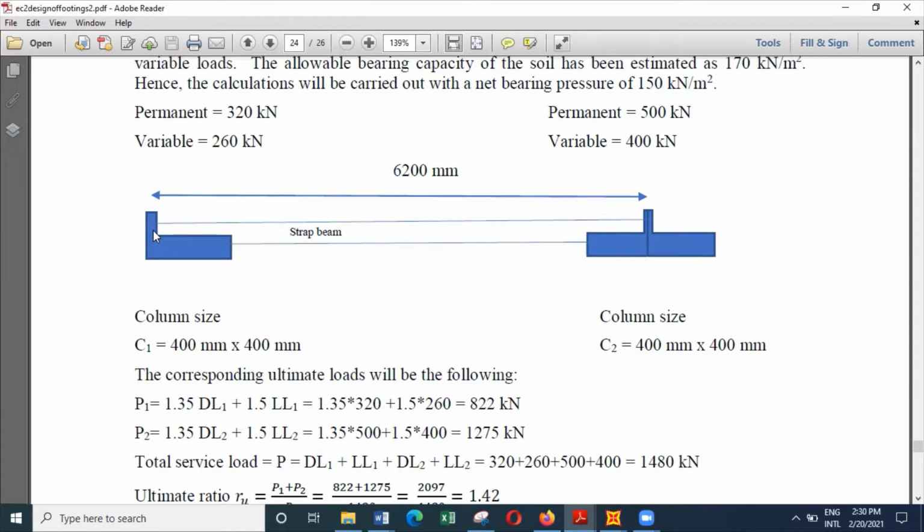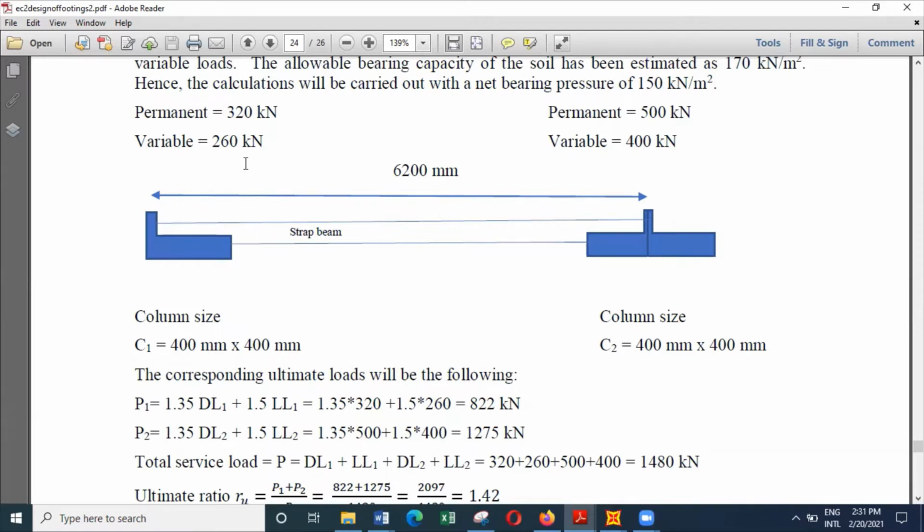But we have not arbitrarily selected these values. We looked at the bearing pressures, and then we decided that a width of about 2.5 meters is what we like to have. And also we considered that the load on this footing can be higher than the addition of these two.